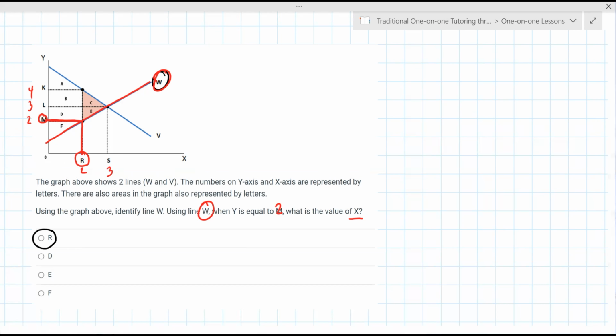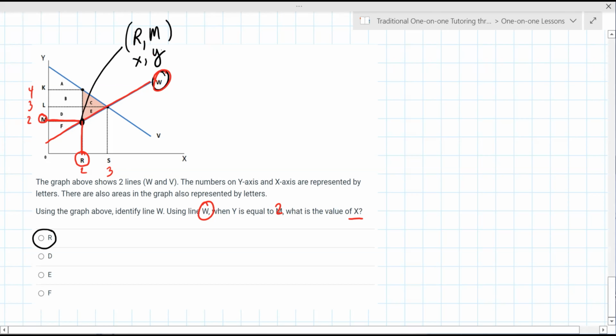I guess it couldn't be m because there's no m for an answer. It's basically just asking you for the ordered pair right there. And the ordered pair is r comma m, which is weird because it's letters, and r is the x value, m is the y value. Okay, yeah, I see it now.